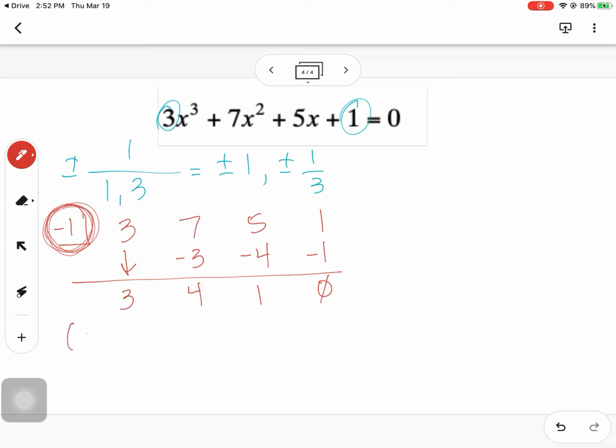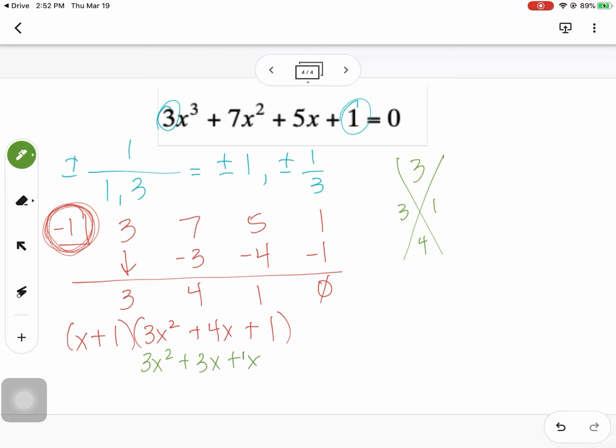Again, one of my factors will come from this, and it says if you had unsolved it, so it's x plus 1. And then since this isn't a fraction, I can just fill in 3x squared plus 4x plus 1. I would always, like I've said, try to factor that. Multiply to 3 and add to 4 is 3 and 1, so it looks like this will factor. 3x squared plus 3x plus x plus 1.